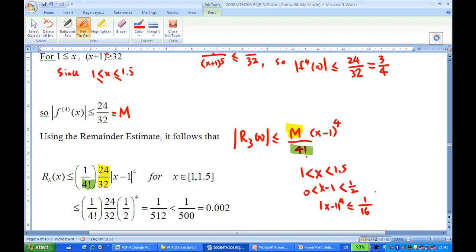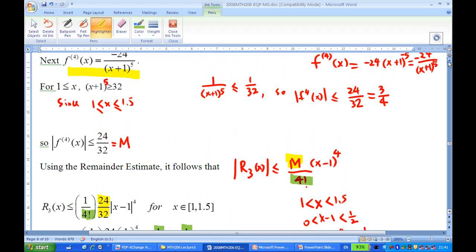Now putting all this together, you'll find that the number is less than 1 over 512, so this is less than 1 over 500, and 1 over 500 is equal to 0.002. This shows you that the error is less than 0.002.